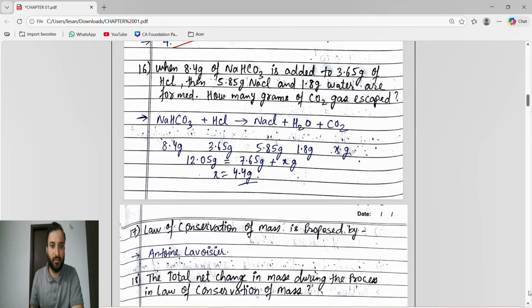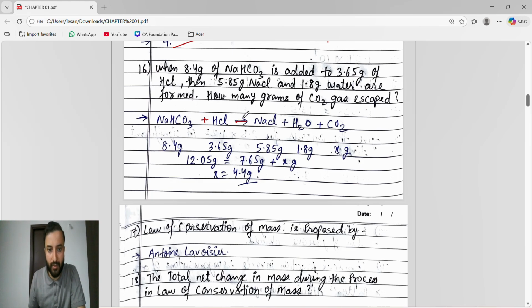Okay, now see, 8.4 gram of NaHCO3 is added to 3.65 gram of HCl. Then 5.85 gram NaCl and 1.8 gram water are formed.